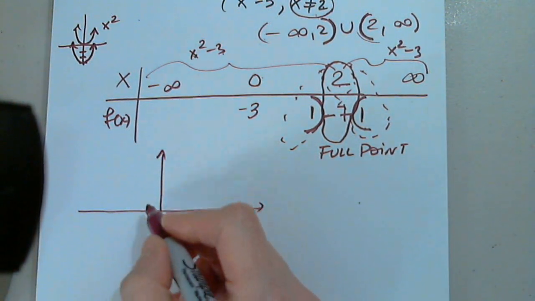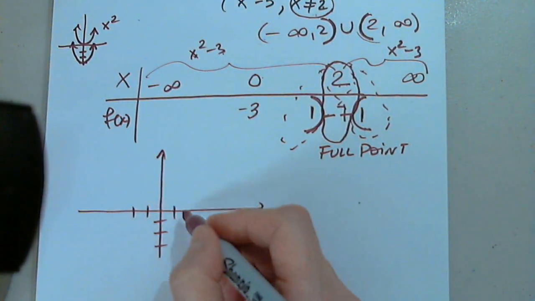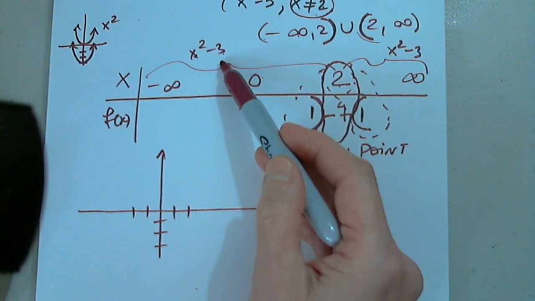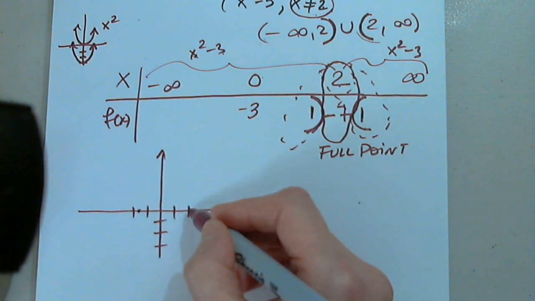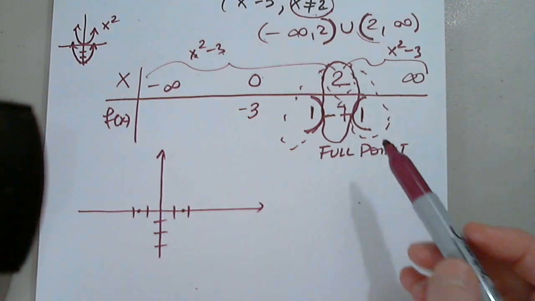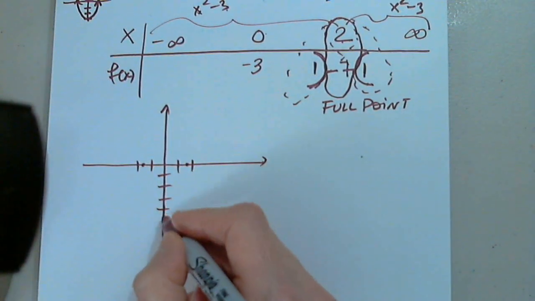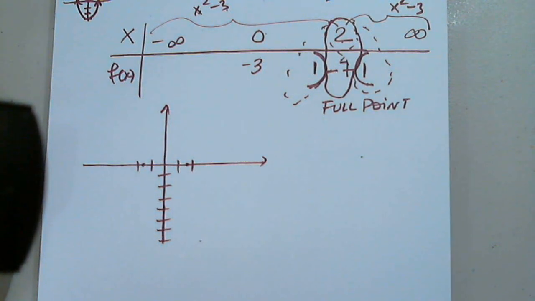1, 2, 3. It crosses, as we know, at the square root of 3. Somewhere here, somewhere here. And at 2 is negative 7. 3, 4, 5, 6, 7.